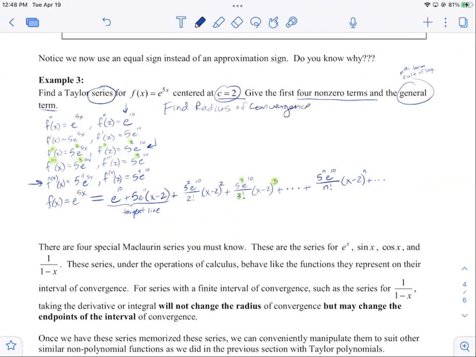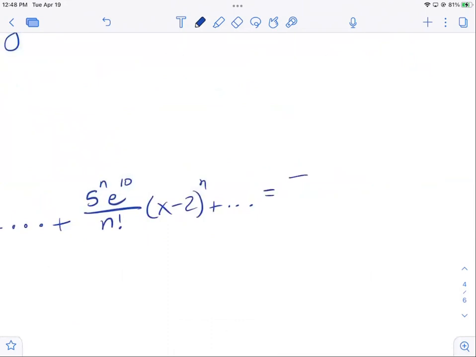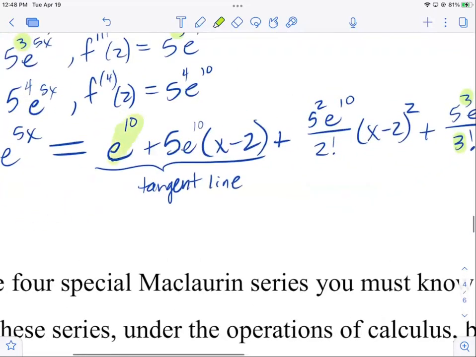If I want to actually find the radius of the interval of convergence, I will want to collapse it down into sigma notation. So now I'm going to say from n equals something to infinity of 5 to the n, e to the 10th over n factorial times x minus 2 to the n. And here's where I need to make sure whatever value I put there generates my first term, which is e to the 10th.